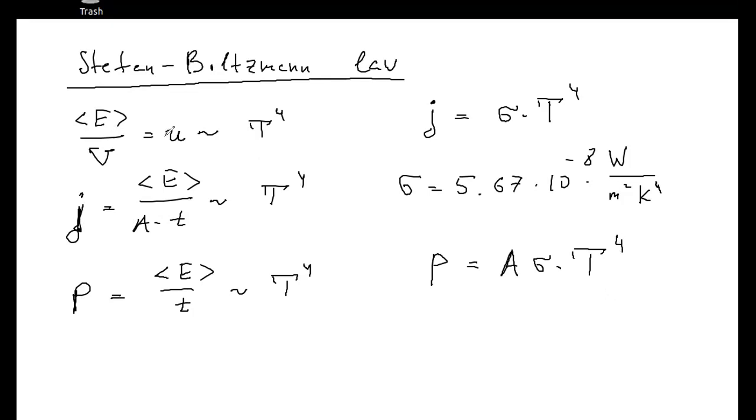Finally, I can relate the density of energy and intensity. I would say intensity would be equal to density multiplied by 1/4 and speed of light. But we don't really have to do this. We have enough to practice with the Stefan Boltzmann Law.